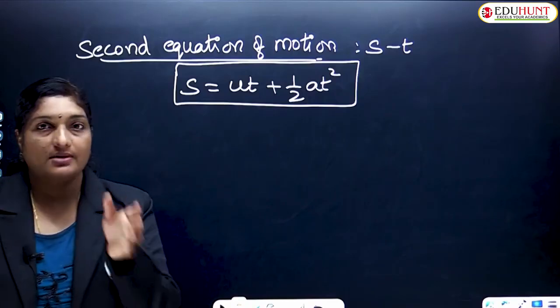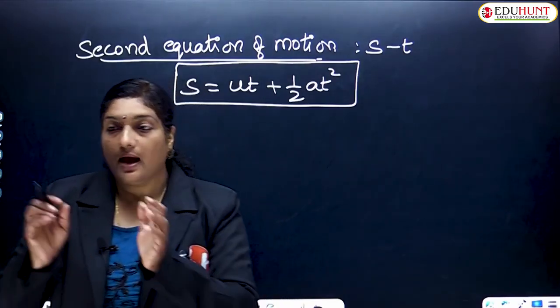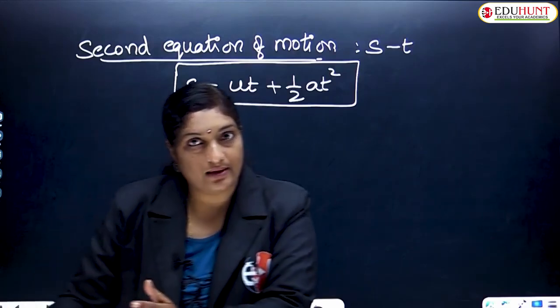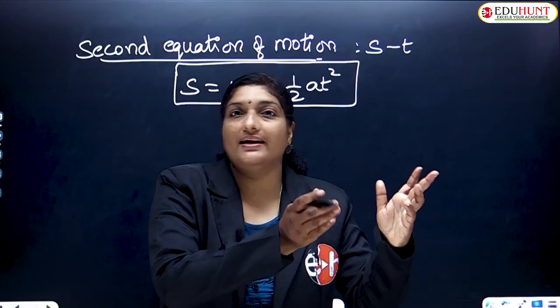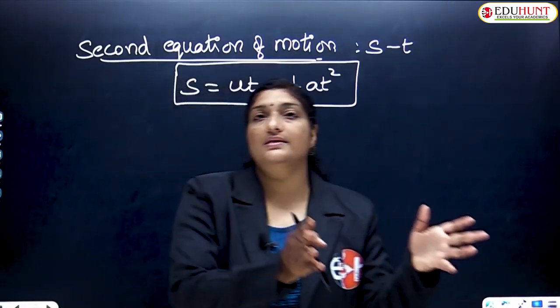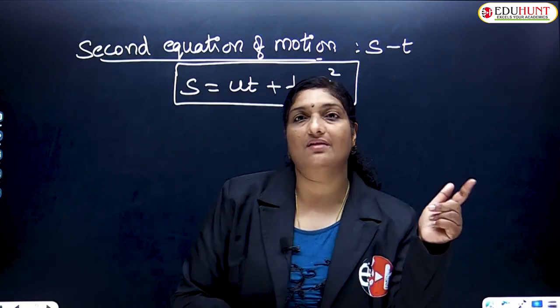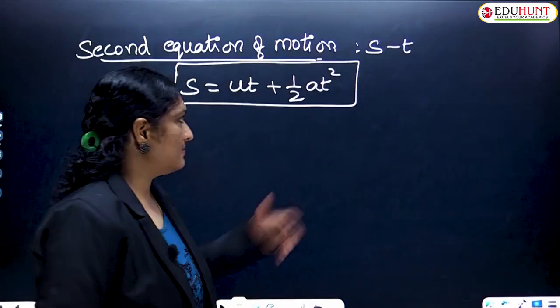I repeat, consider a body moving with initial velocity u, uniformly accelerated for a given time t, and meanwhile this body covers a displacement s, then s equals ut plus half at square. Let us try to derive the same.